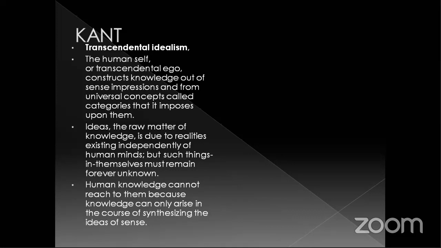The human self or transcendental ego that Kant has described constructs knowledge out of sense impressions and from universal concepts, both. I mean, we construct knowledge from the sensory impressions, from sensory experiences, and from universal concepts called categories that it imposes upon them. Now, ideas, which are the raw materials of knowledge, are due to realities existing independently of human minds.